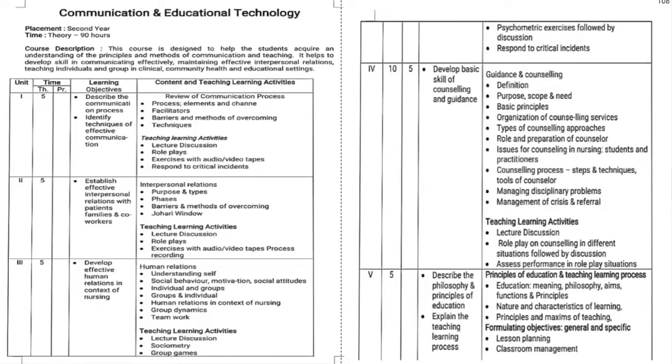And there are different types of counseling service. See: definition, purpose, scope, need, basic principles, organization, types, role and preparation of counselor, issues for counseling in nursing students and practitioners, and counseling process.